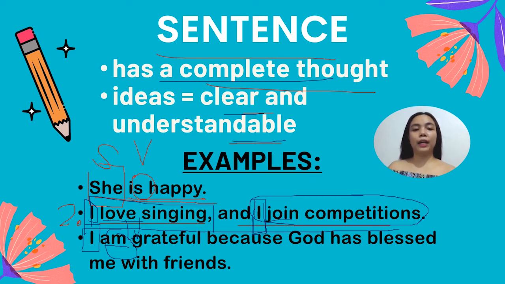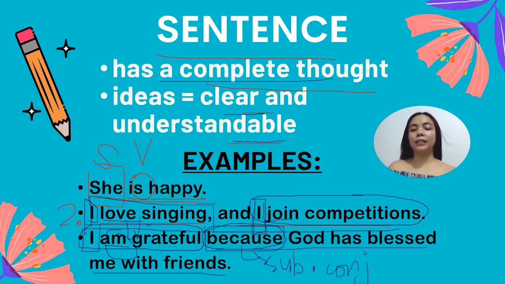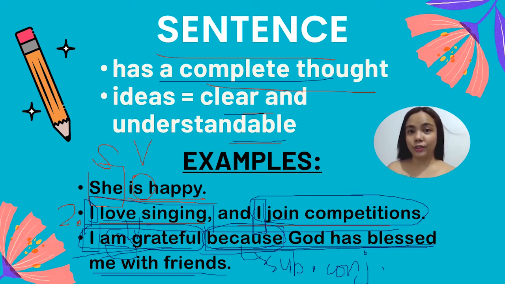If you're going to look at it, we have one independent clause or one simple sentence and one dependent clause. Remember, a dependent clause starts with a subordinating conjunction, right? So when a sentence has an independent clause and a dependent clause, it's what we call a complex sentence. A dependent clause cannot have sense if it's not connected with an independent clause.